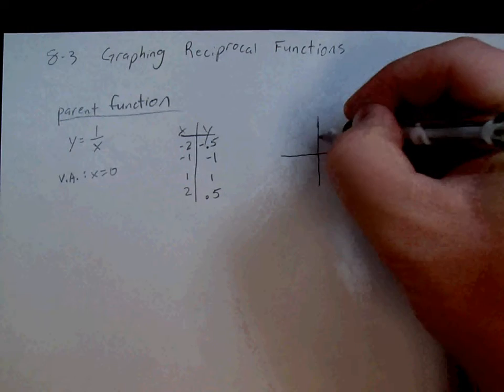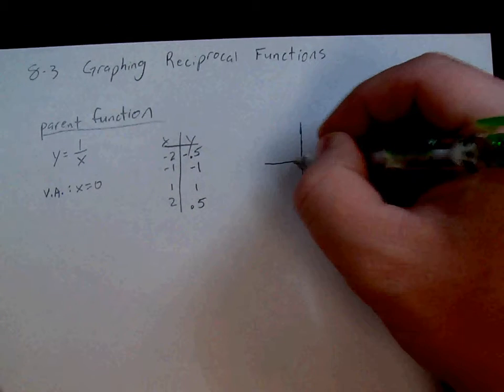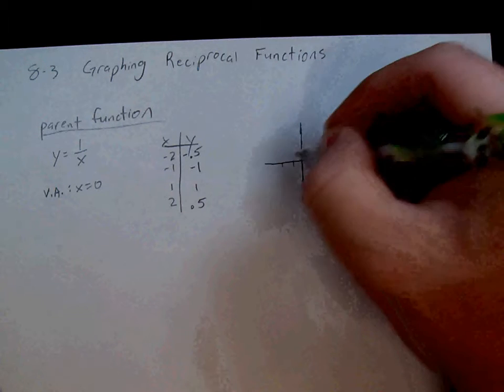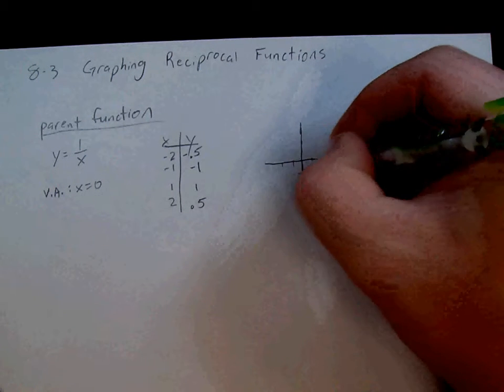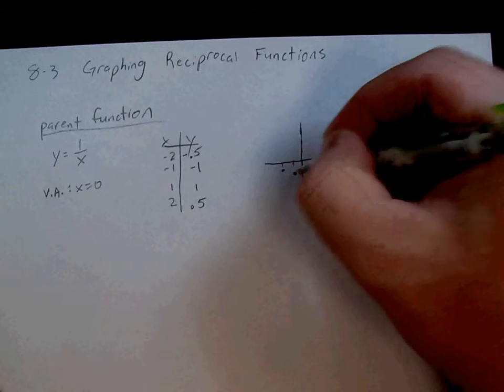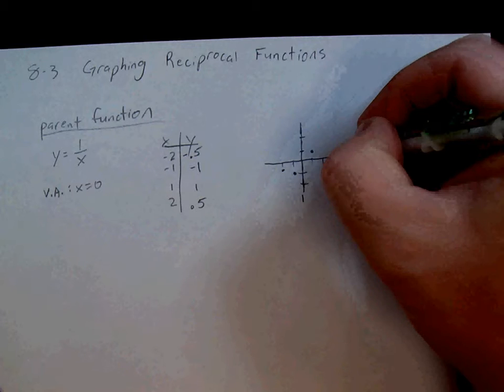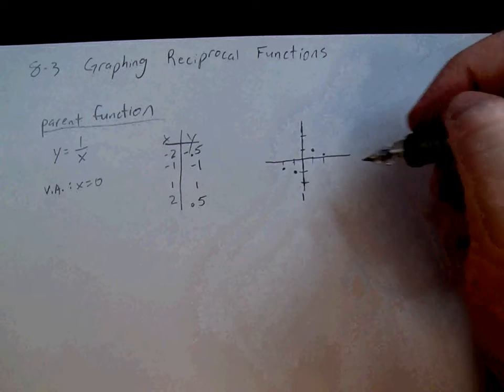That's this axis right here, your y-axis. So when I have negative 2, I get negative 1/2. At negative 1, I get negative 1. At positive 1, I go up to positive 1. Positive 2, I go down to 1/2.